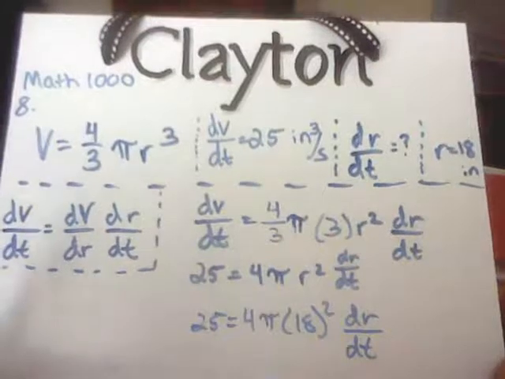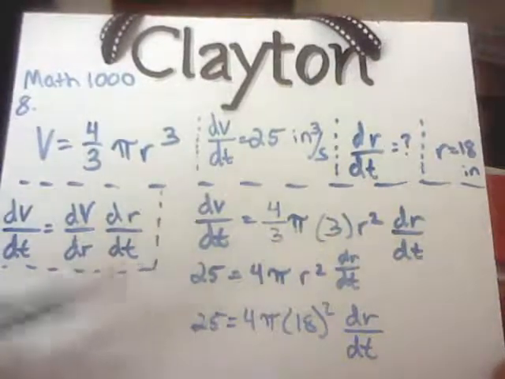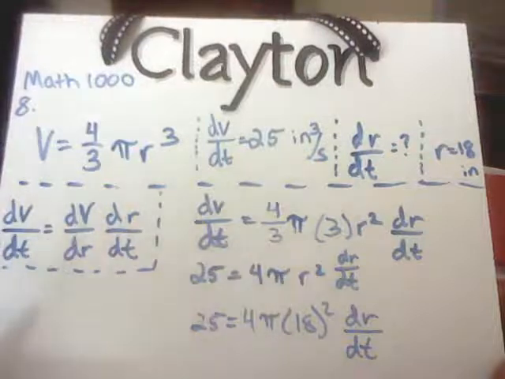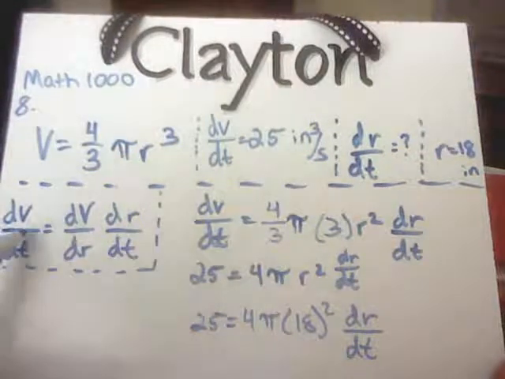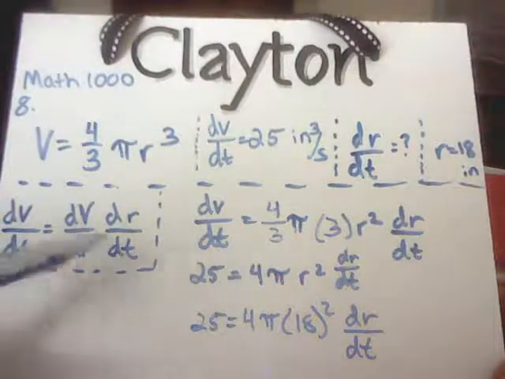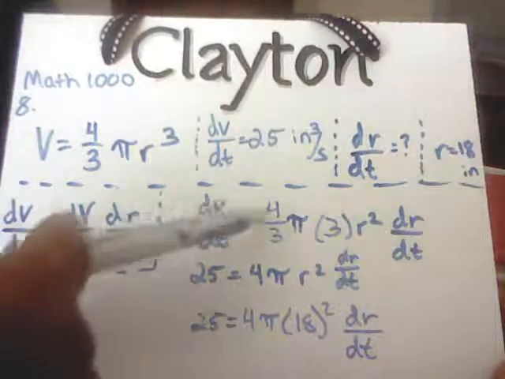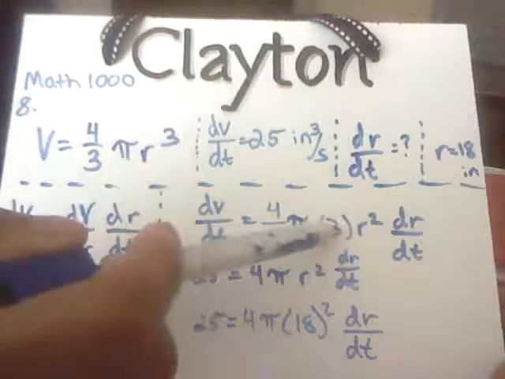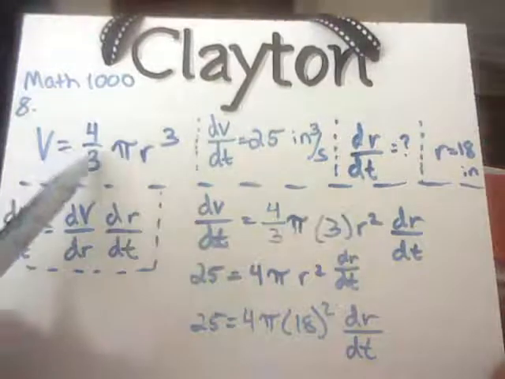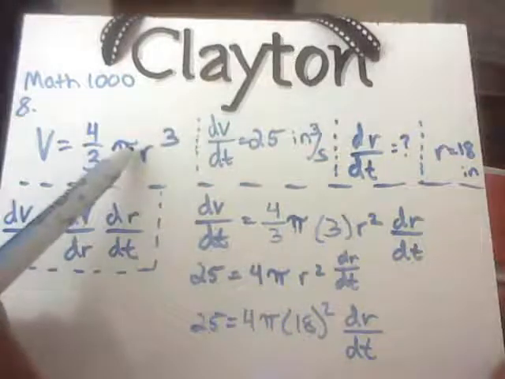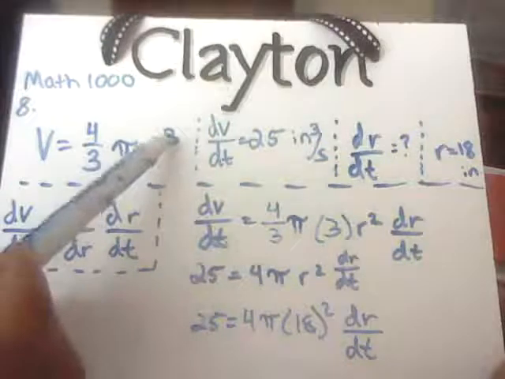So to start the problem, we pretty much use this setup to begin. So dV over dt equals the derivative of our volume equation with respect to r. So dV over dt equals the derivative of this, 4/3 pi times 3r squared, because when you take the derivative of 4/3 pi r cubed, you bring this exponent down in front of the r and then subtract 1 from the exponent.